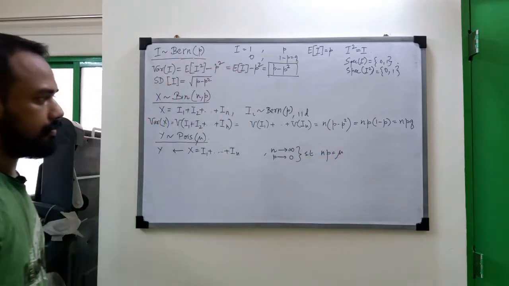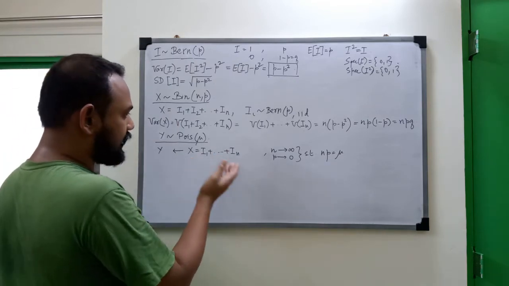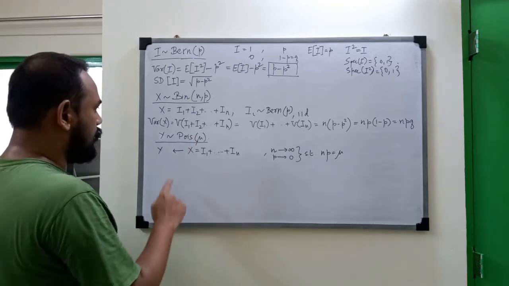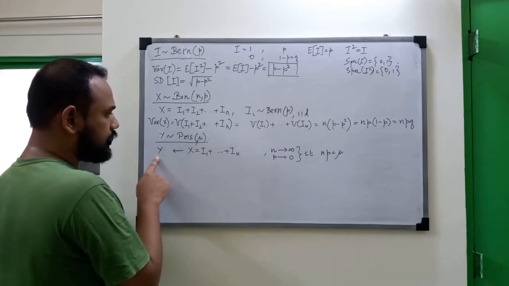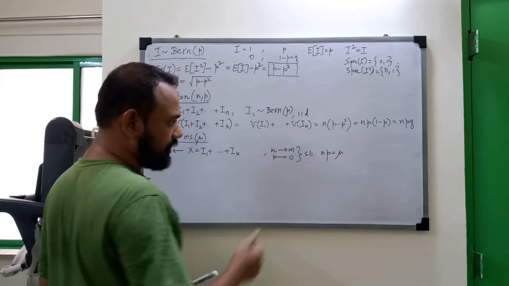Okay, this was the condition, and this was there in the assignment problem, and we've worked it out as a solution, and we've understood it. So a binomial distribution starts to behave like a Poisson distribution when n and p, in the limiting case, behave like this.